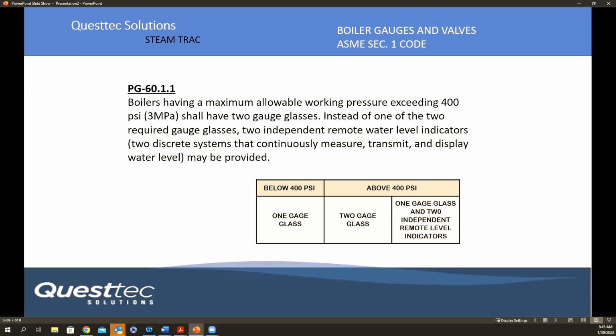No matter what you install, there's going to be this constant erosion of that mica, and they're going to be repairing these sight glasses on a rather frequent basis. So to alleviate that, you can offer implementing 2 remote level indicators and 1 sight glass that may be valved out.